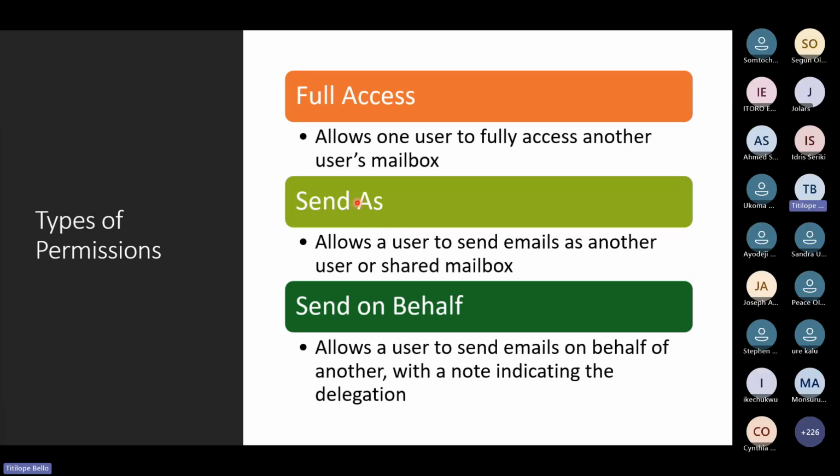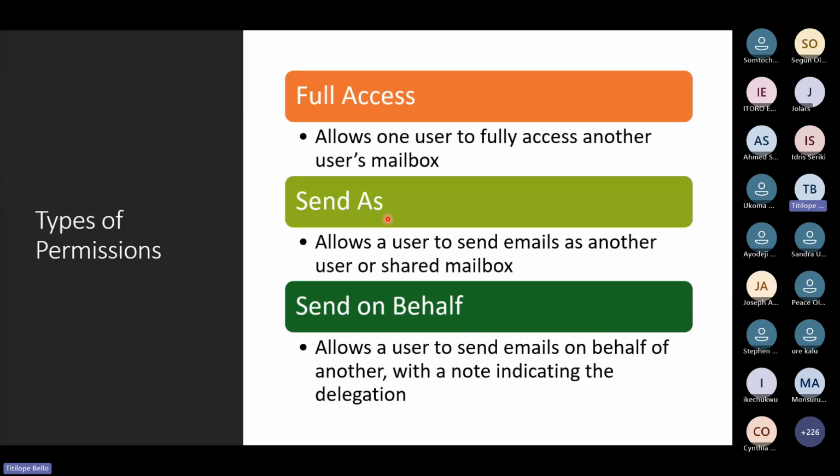So in that case, the MD will not want to give you full access to his mailbox, but will want to give you an access where you can send email as if he's the one sending it. You can send email on his behalf, right? And when people see this, if you use send as, once you send email, they will think it's coming directly from the MD.